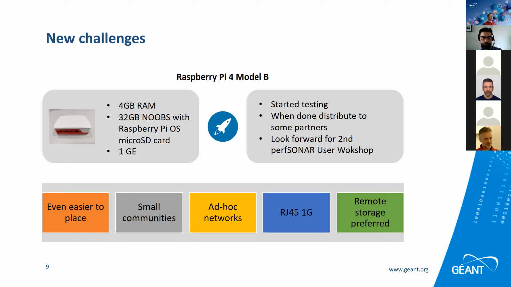And we have a couple of those devices already on our table, and we started testing. We are going to distribute some to partners so that they are again plugged into the real networks and become part of the mesh. And in fact, I'm going to present more about that at the second user workshop Antoine has just mentioned.